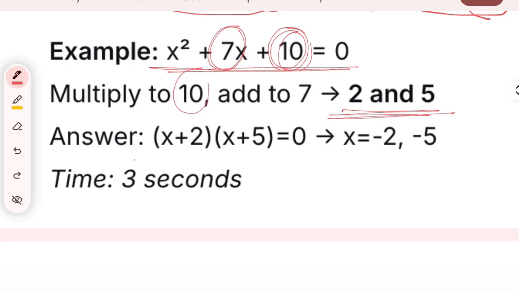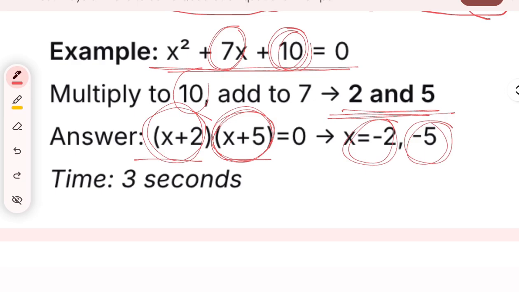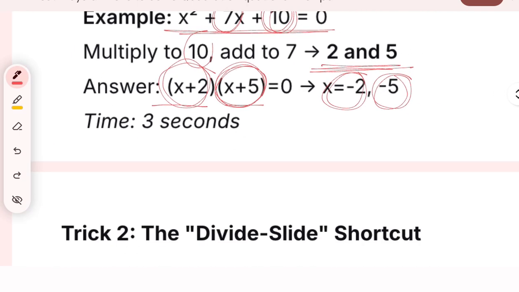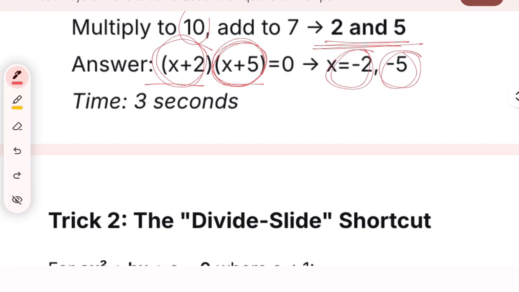Therefore, your answer would be x plus 2 and x plus 5, and you equate both to 0. When you equate this to 0 and solve for x, it's negative 2. Equate this to 0 and solve for x, and x is negative 5. So your answers would be negative 2 and negative 5.